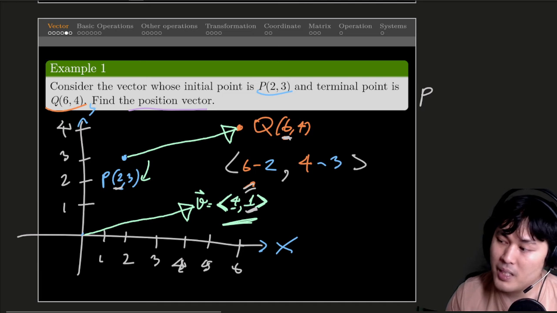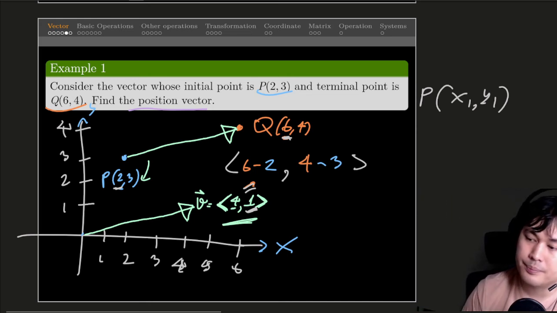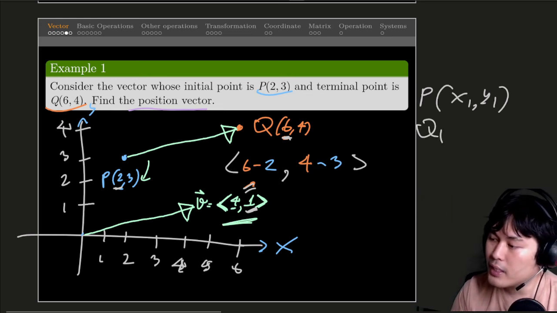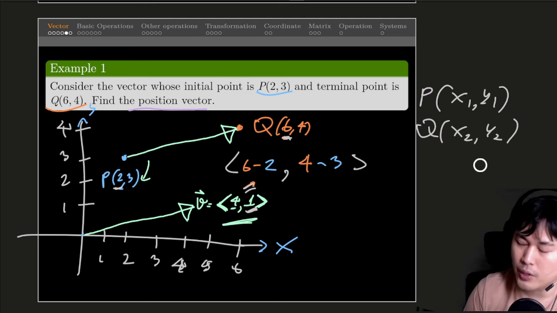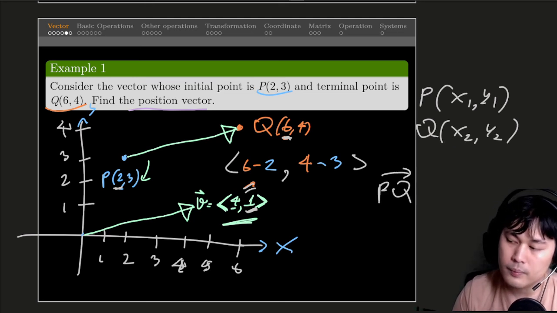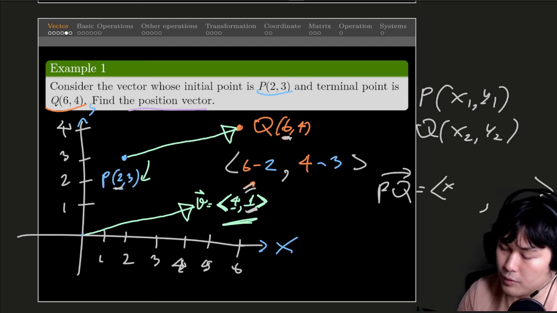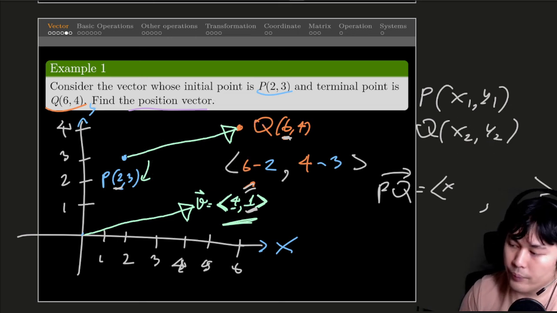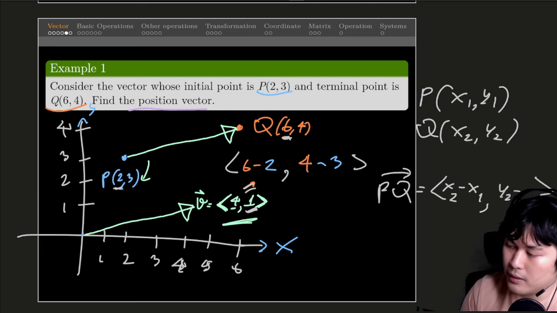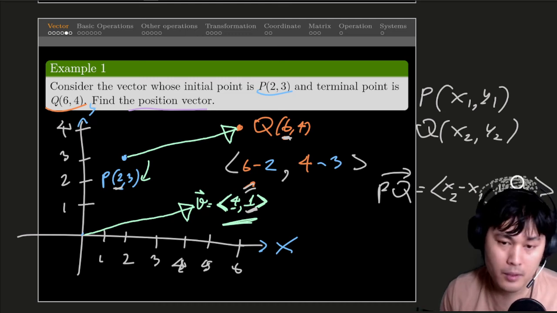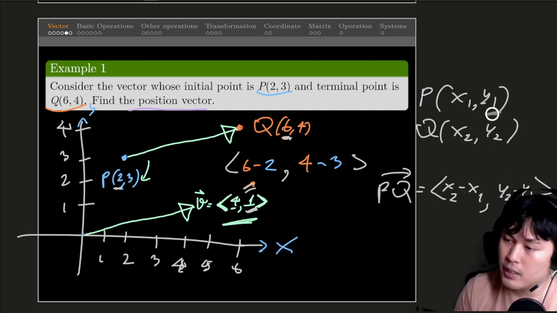So if your point P is x1, y1, where x1 and y1 represent any real numbers on the plane, and Q is x2, y2, then the vector P to Q can be represented using the formula: you start from the terminal point x2 and subtract x1. Similarly, for the second component, you use the terminal point y2 and subtract the initial point y1.